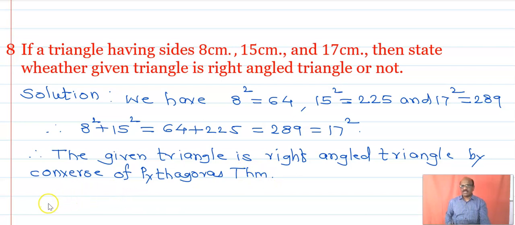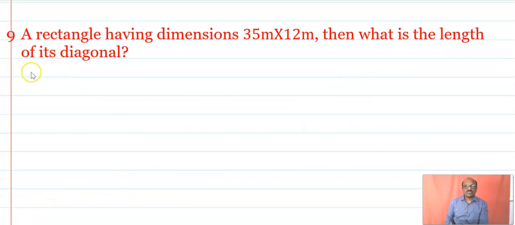Okay. Now we take the next question. A rectangle having the dimension 35 meter by 12 meter, then what is the length of its diagonal? Now the solution.